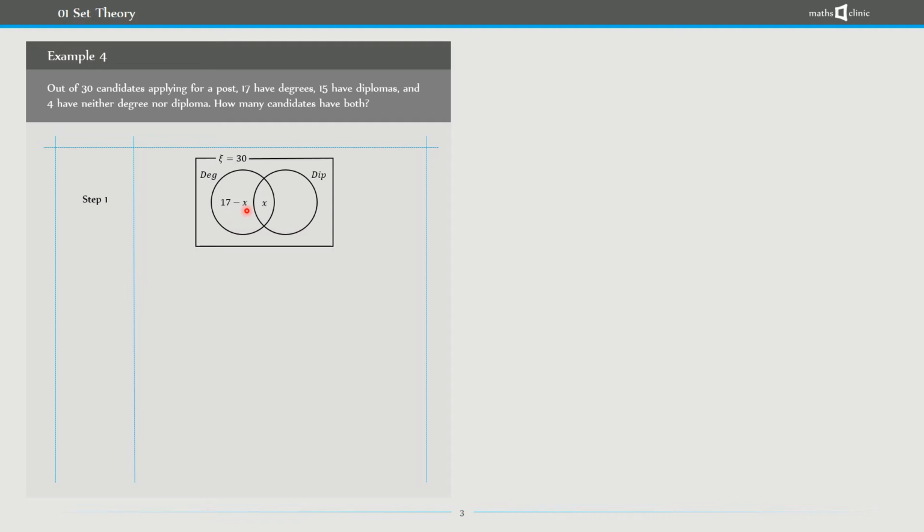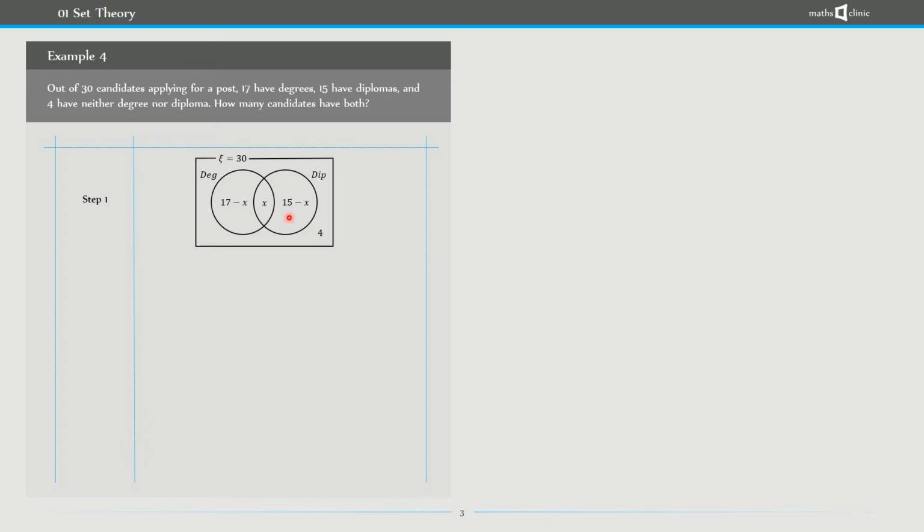Then for diplomas, this part represents people with diplomas, and we've been told that in total 15 people have diplomas, meaning this remaining part would be 15 minus x. And one thing students usually miss out: you need to remember that there are 4 people that have neither degree nor diploma.